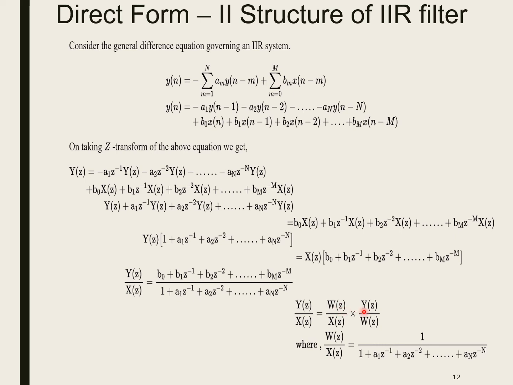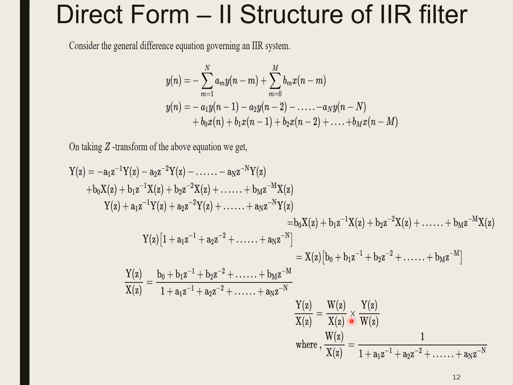The same thing I am multiplying and dividing by the weighing function, which is equivalent to the same value y of z by x of z. So just look into it. I am just splitting the transfer function as w of z by x of z into y of z divided by w of z, where w of z is multiplied and divided.